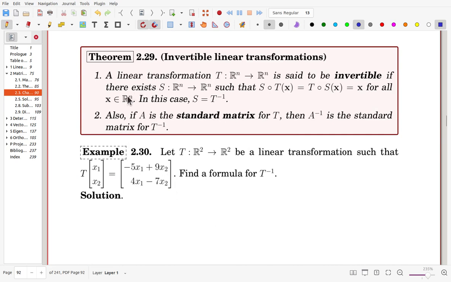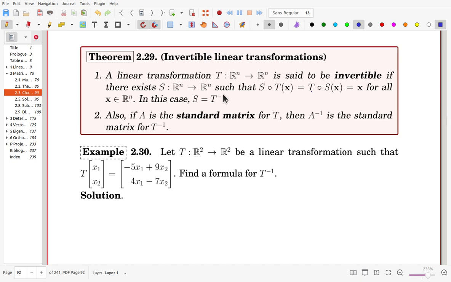Now we expand invertibility to linear transformations. A linear transformation T from Rn to Rn is said to be invertible if there exists S such that S composed with T and T composed with S are the identity for all choices of x. In this case, S is T inverse.